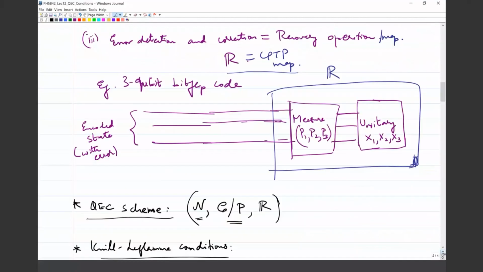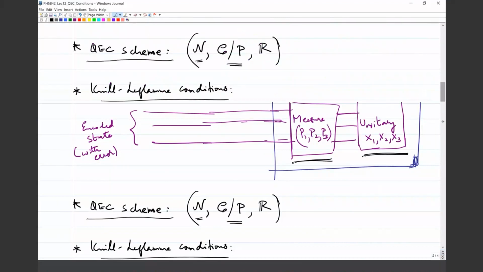There are two parts to it, if you recall: there is a measurement and there is a unitary. Finally, the action of the error on the code space should be reversible by the action of a unitary. Only then did we say that these are correctable errors, because otherwise we don't have a way of reversing these operations.